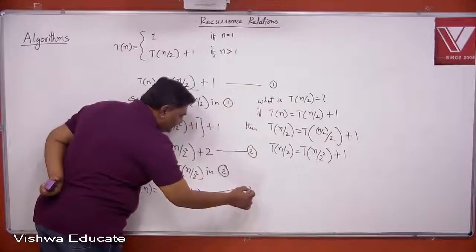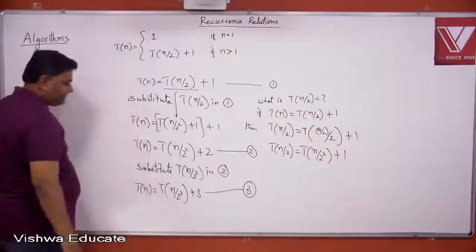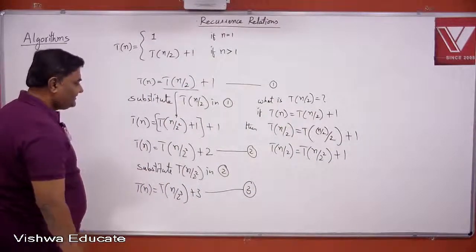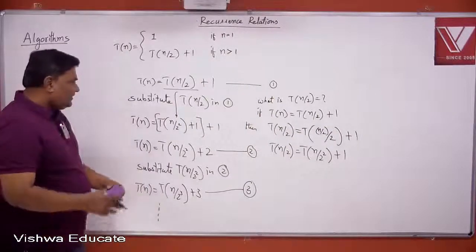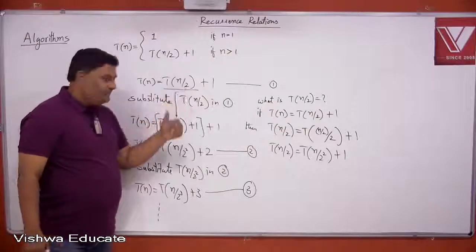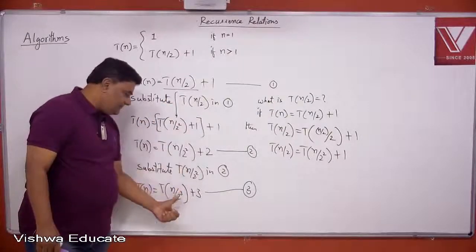So I don't have to explain this one. I got this. Let me finish this. Now it was n/2. I made it n/2 squared. Then I made it n/2 cube.